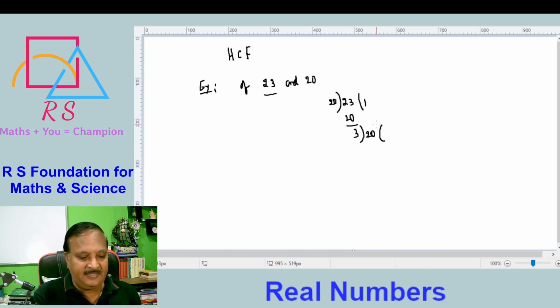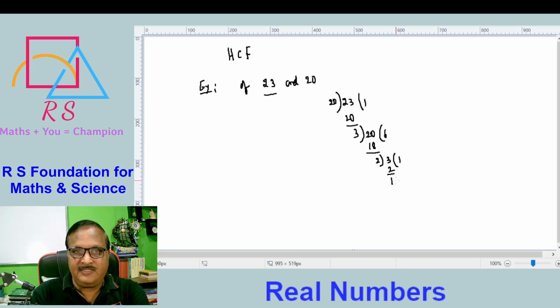Then 6 threes are 18, again 2 is the remainder. It is a continuous division. This divisor again becomes dividend and this remainder becomes divisor. So 2 ones are 2.